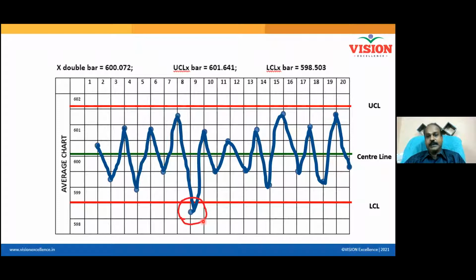Don't take it lightly. I know many companies don't use the control chart properly. They might take it lightly. If you take it lightly, what will happen? Then so many points might start falling outside the control limit. That means you will have problems not only on shift number 4, but problems may start happening in other shifts also.